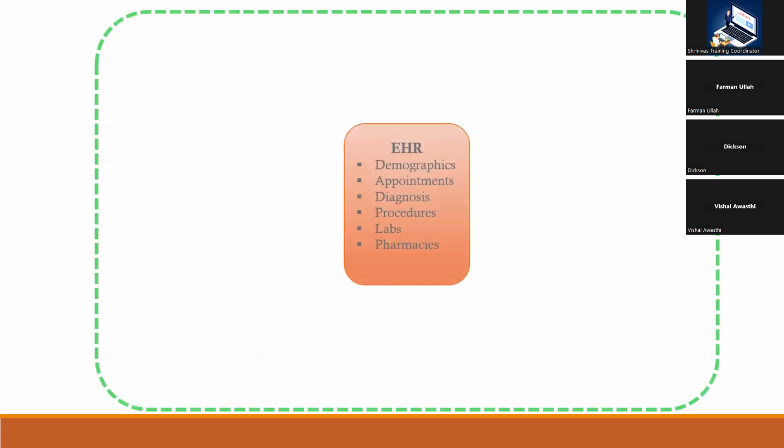But in all of these scenarios, we see that the EHR or HIS system, which is the central core, will hold all the information. It will have demographic data, appointment data, diagnosis info, lab info, pharmacy info, and all. The receptionist will send the data, and usually these events are transacted to the EHR with the help of HL7 messaging.